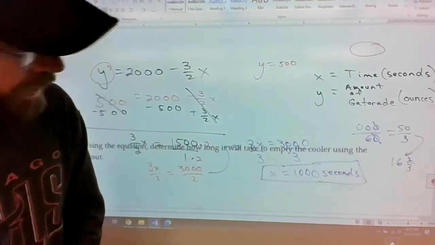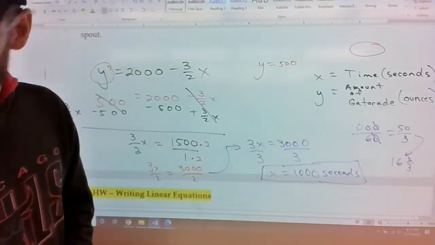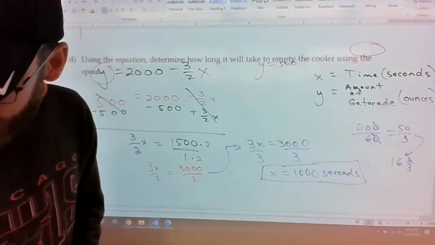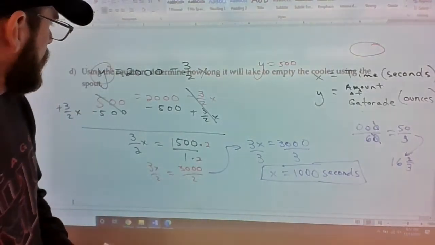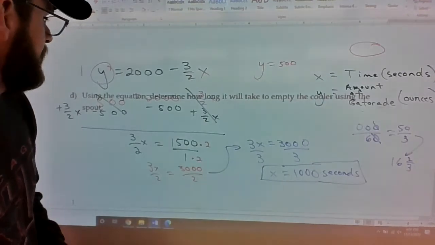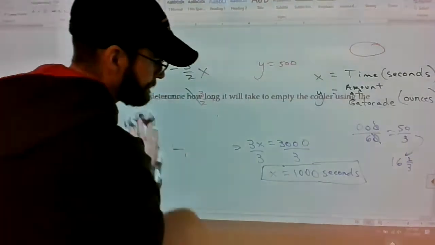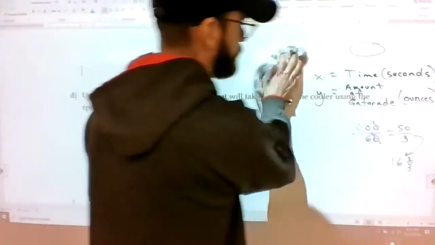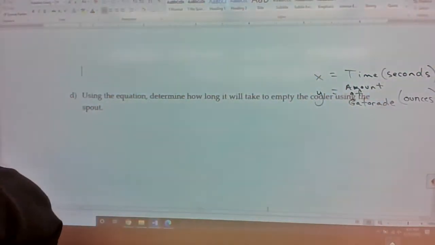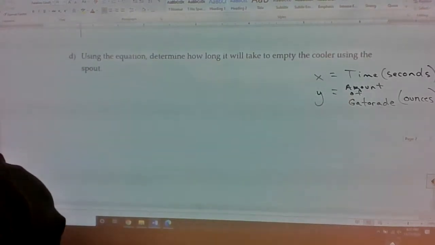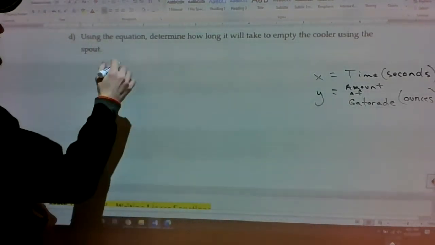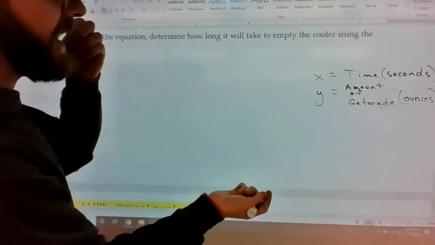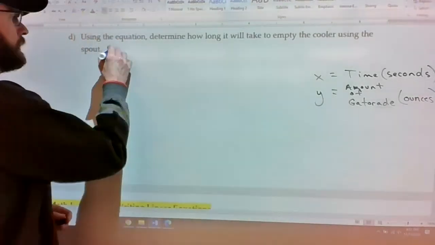All right, I think I got one more example, and then I'll let you guys go. Take a stab at the homework. All right, can we reuse our equation again? Now, you know what? Let's just start from scratch. All right, so using the equation, determine how long it will take to empty the cooler using the spout.